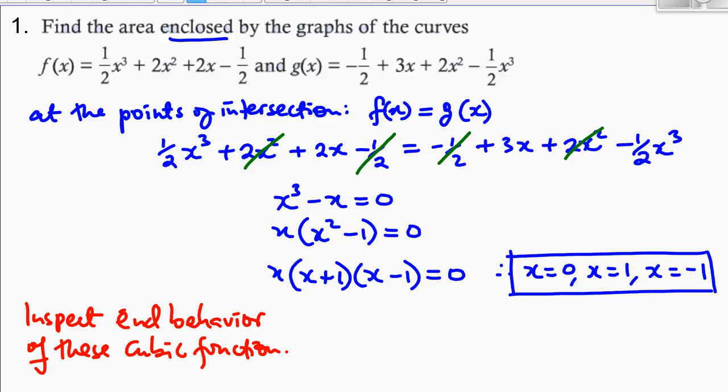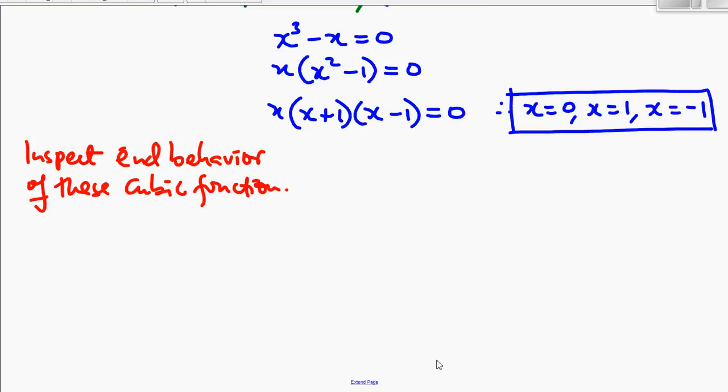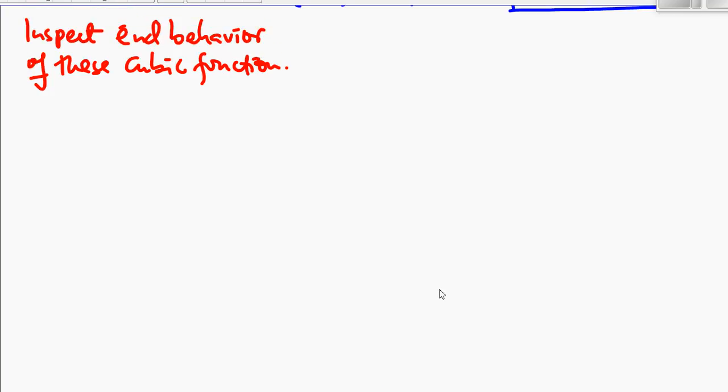What I mean by this is if you have a cubic function with a positive leading coefficient, you know where it starts and you know where it ends. If you have a cubic function with a negative leading coefficient, you know where it starts. So I'll just draw a sketch to give us an idea of these cubic functions. It does not mean that I'll draw exactly how they look.